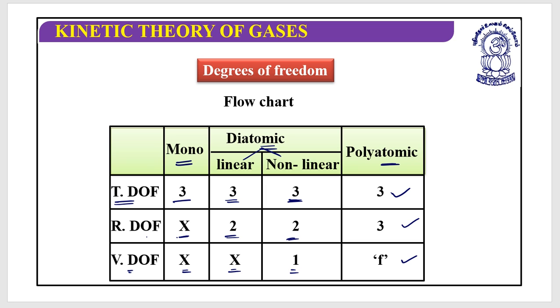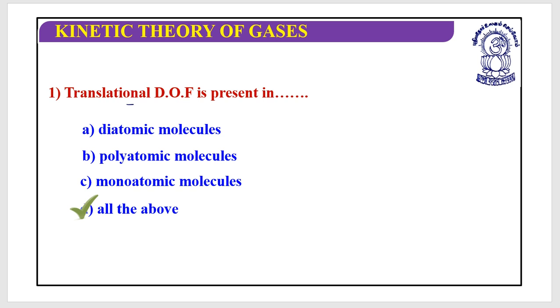Is it clear? So do you have any doubts up till now in the concept of degree of freedom? No? Great. So let's look at this. Translational degree of freedom is present in diatomic molecule, yes. Polyatomic, do they contain this?